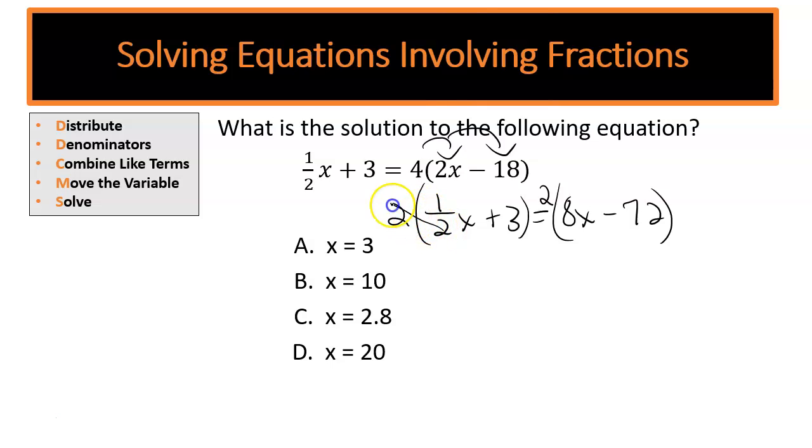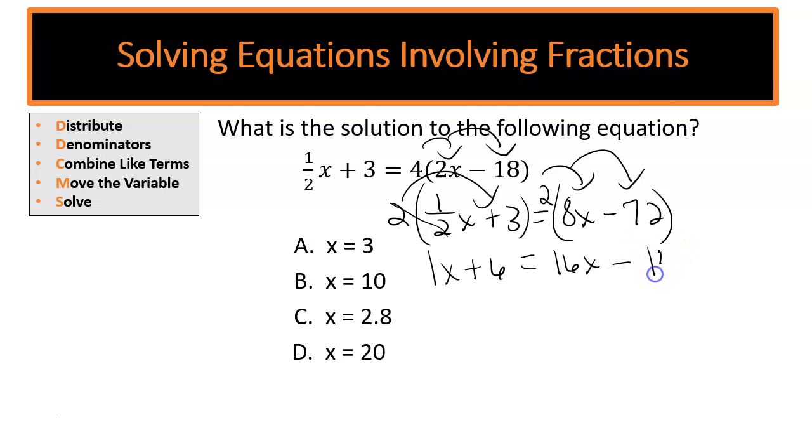So remember this one, all we have left is 1x, but then we still have to do 2 times 3 here. And on this side, 2 times 8x is 16x. 2 times negative 72 is going to be negative 144. No like terms to combine, so I'm going to move the variable. Again, I always like to move the smaller of the two, so I'm moving 1x.